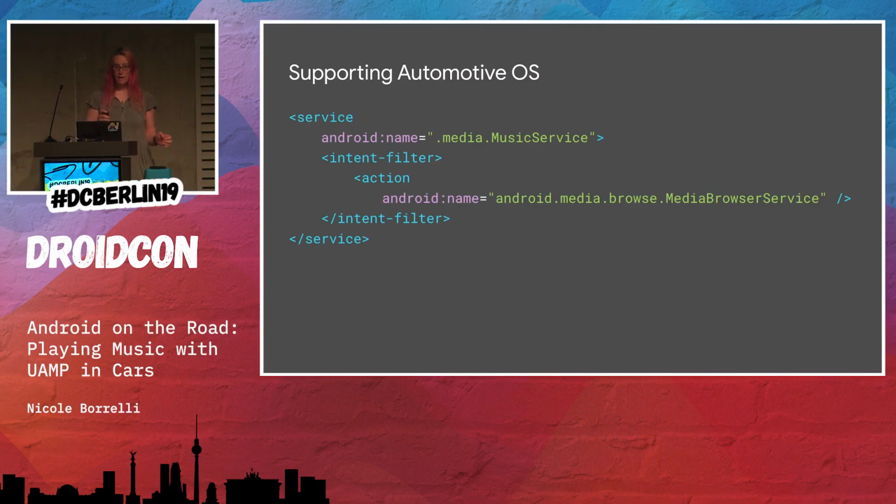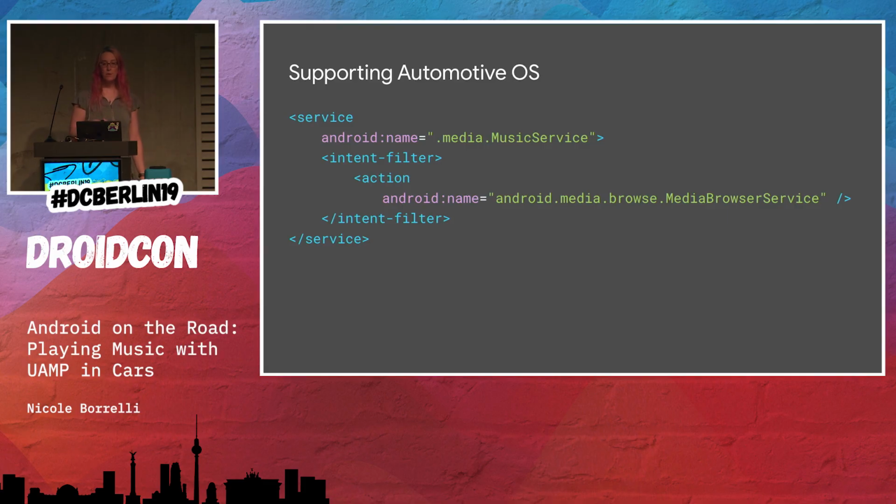Like he was talking about yesterday, the first thing we have to do is have a media browser service. And since UAMP already has one, I didn't really need to do anything there.